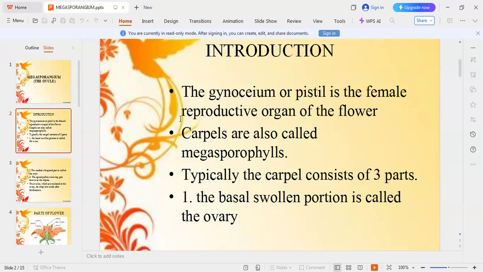The gynoecium or pistil is the female reproductive organ of the flower, composed of 1 or more carpels.